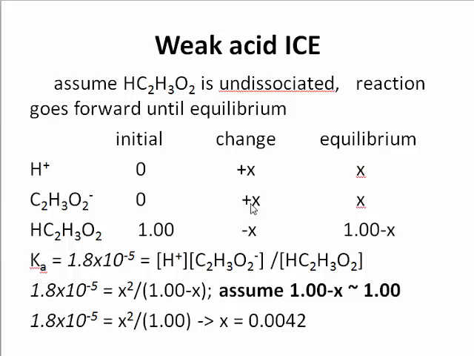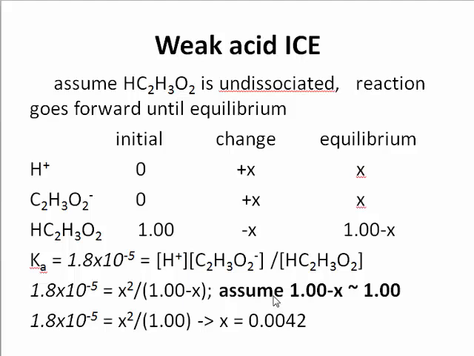If there's some increase in concentration of these two species by X, the change in concentration of the acetic acid must be minus X, and 1 minus X is the equilibrium concentration of the acetic acid. In this case, Ka, 1.8 times 10 to the negative 5, is hydronium times acetate over the acetic acid concentration. We insert the value of X for the terms in the numerator and 1 minus X for the term in the denominator.